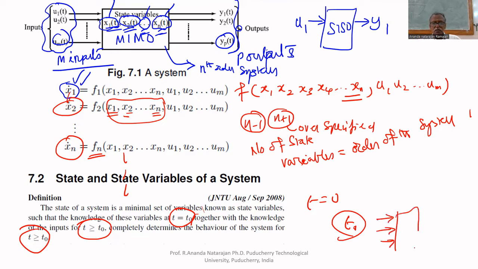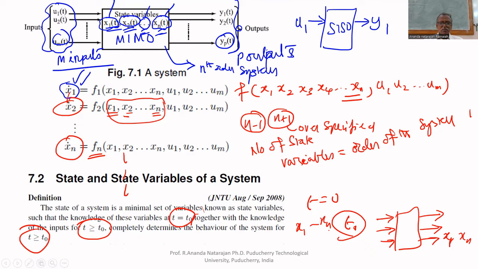Then I can find the state of the system, x1 to xn, at any point. Then x1 to xn are called state variables.